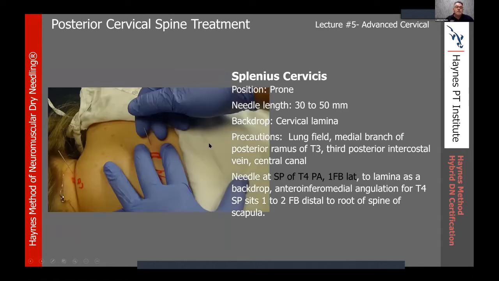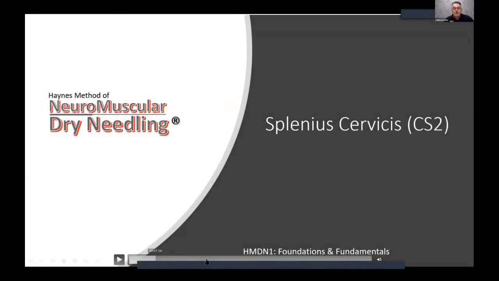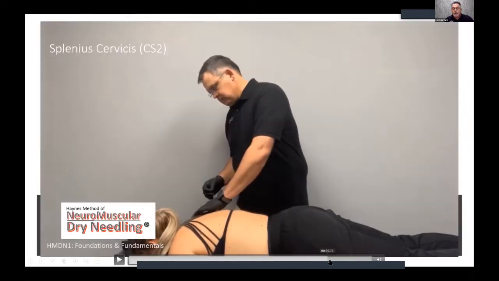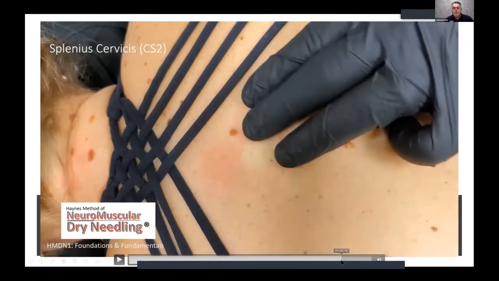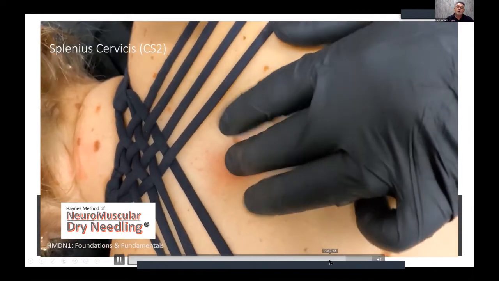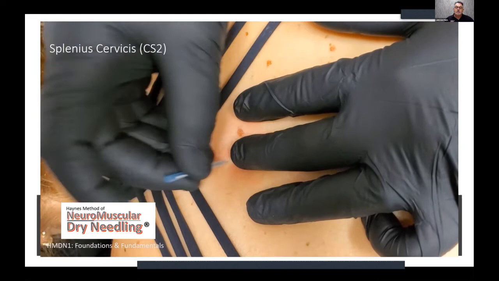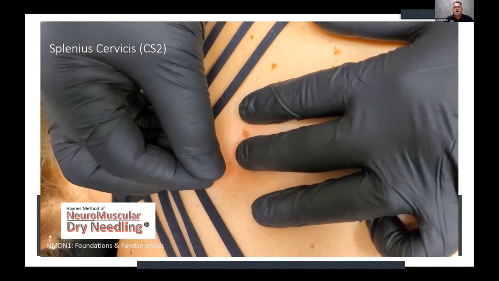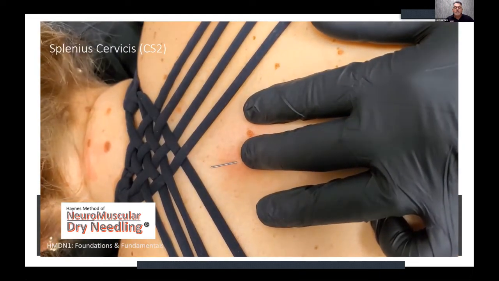And as we can see in the picture, I'm just a finger breadth away from midline, and I'm going about 15 to 20 degrees inferior and medial. And we'll play that, and again, one finger breadth away from the spinous process, 15 degrees medial and inferior.